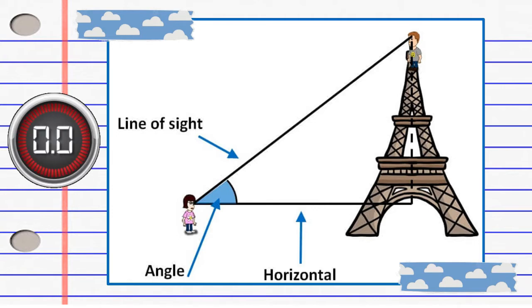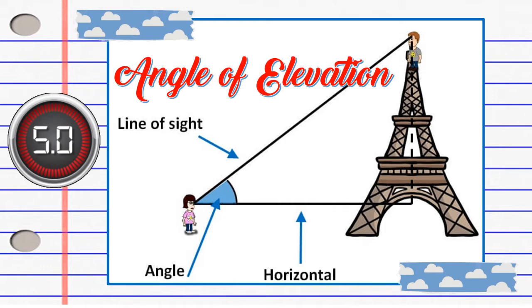Okay, time's up. The answer is angle of elevation. Very good, because you can see there the horizontal line of sight and the line of sight, and the angle is here. The girl is looking upwards, so it's angle of elevation. Let's have the next one.